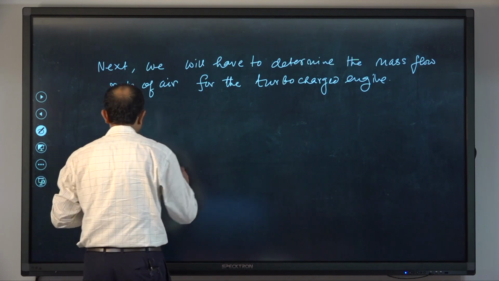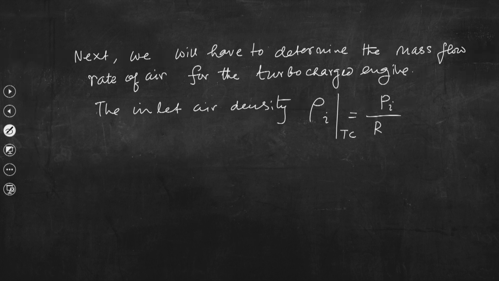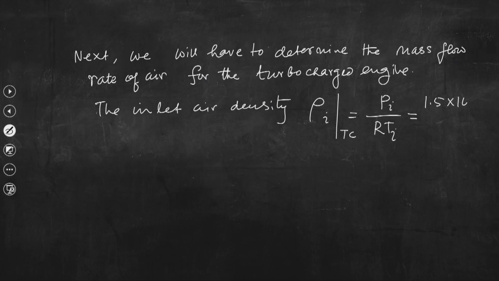So, we need to first calculate the inlet air density, and that inlet air density rho I for the turbocharged condition is Pi by R Ti. Pi, the inlet manifold condition for the turbocharged engine, is basically the pressure of the air at the exit of the compressor, that is 1.5 bar, that is 1.5 into 10 power 5 Pascal, divided by 287, that is R, which is given, and Ti equal to 340 Kelvin.